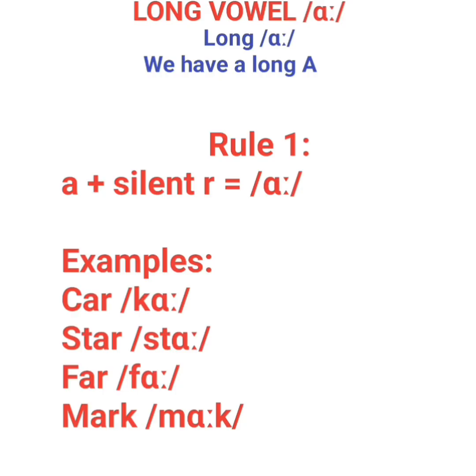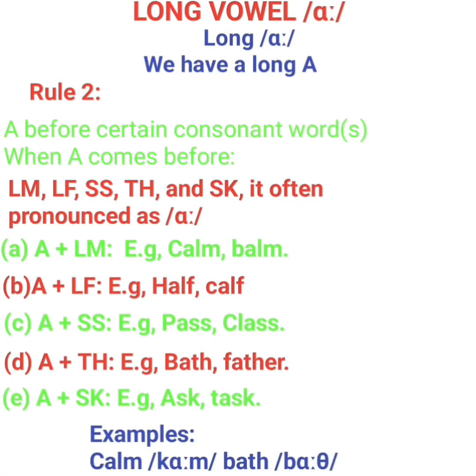The second rule, rule 2, states A before certain consonant clusters. It means that there are certain consonant clusters that, whenever A comes before them, will make us have long A. Those are LM, LF, SS, TH, and SK.